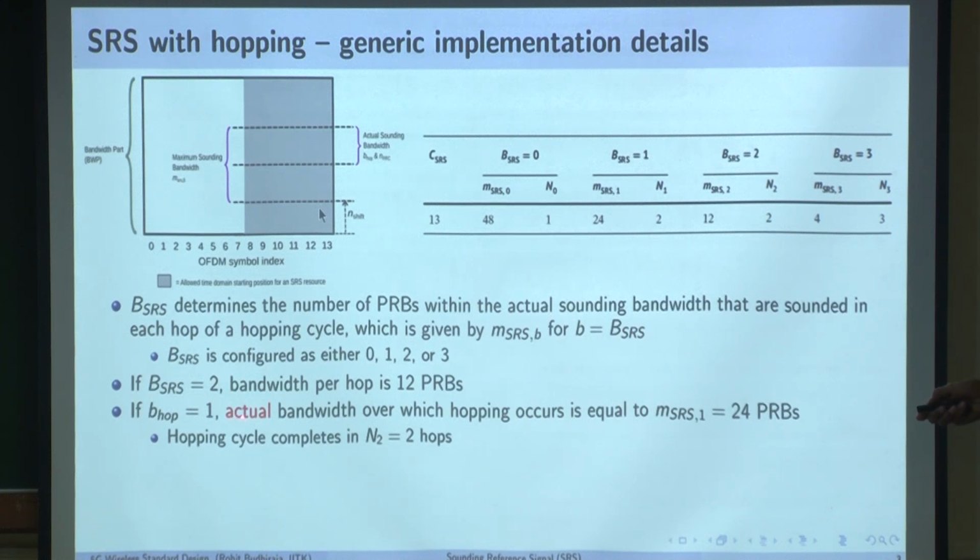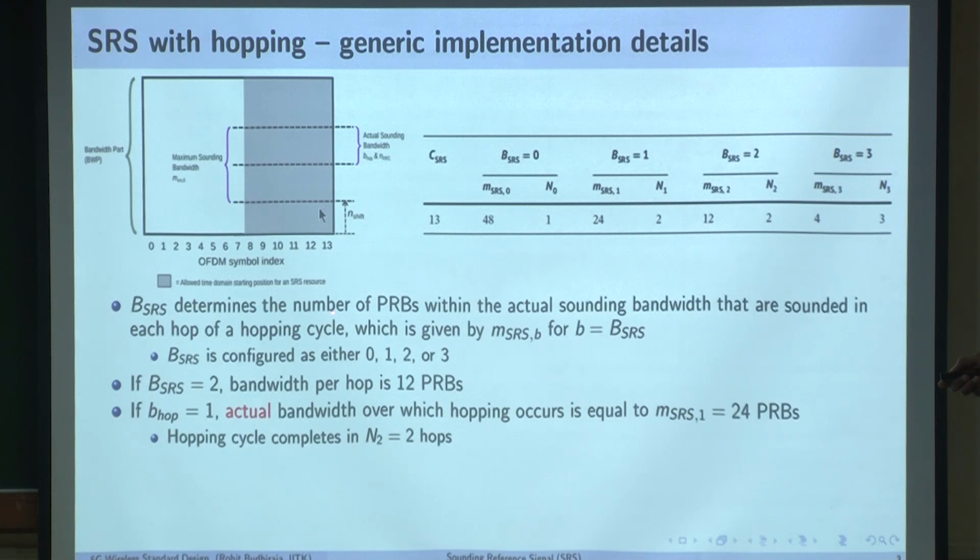B hop is 1, so this is the actual bandwidth over which the hopping is happening. Maximum is this much, but as part of this hopping pattern, I am sounding out this actual bandwidth, which is only 24 PRBs. And what have I set BSRS as? 2.